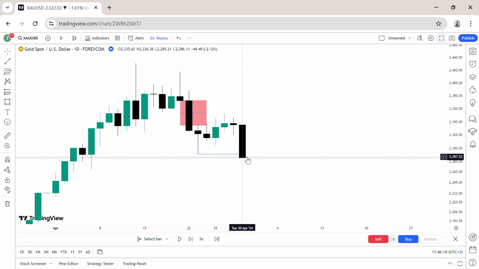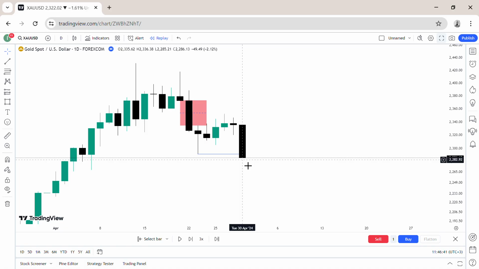If it closed below the swing low, this means that this candle has disrespected the swing low because it closed below. Normally you would expect maybe a sweep and then up, okay, but in this case it closed below.